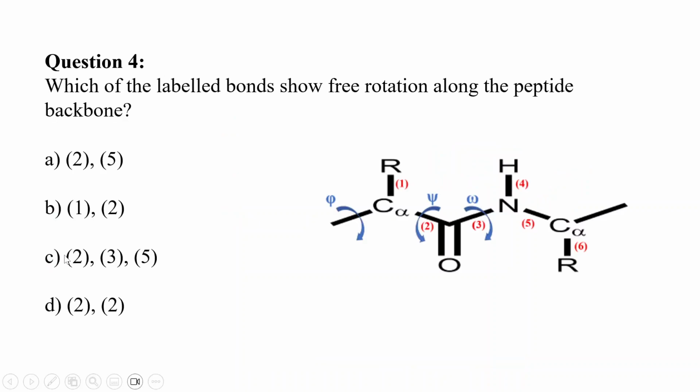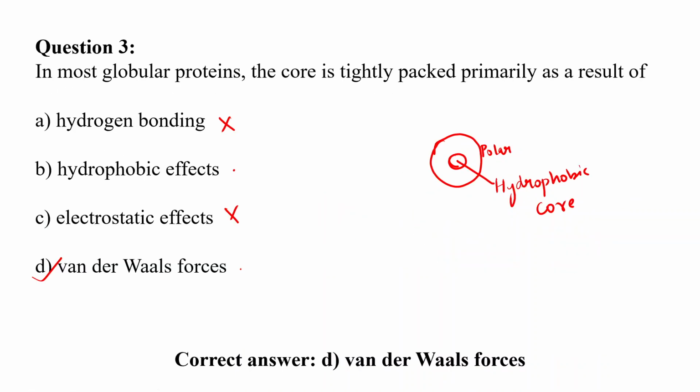Van der Waals forces basically stabilize the whole molecule into a spherical shape. So why is it called a globular protein? It's in a spherical form, in the form of a globe. Remember it like that: globular means a globe-like structure.